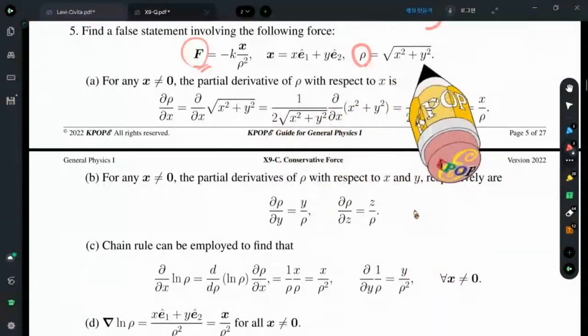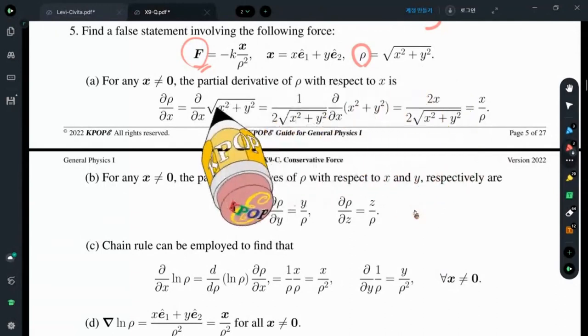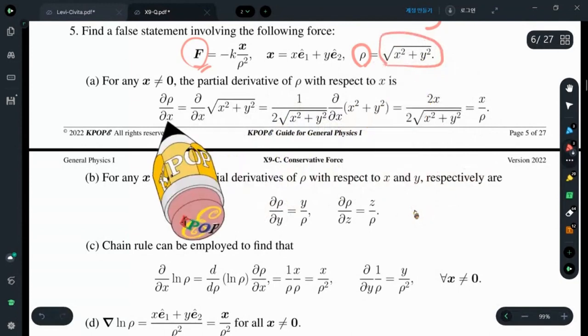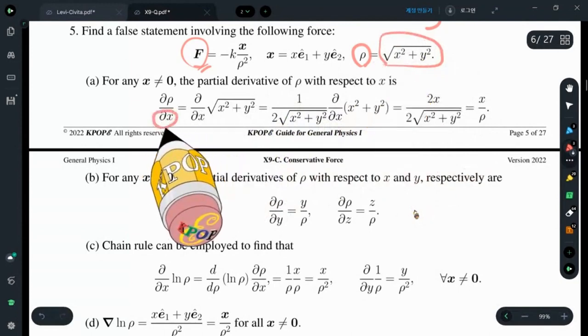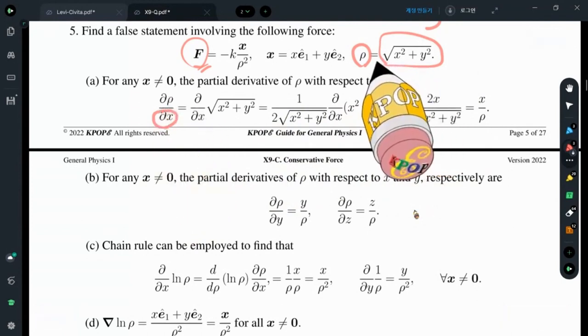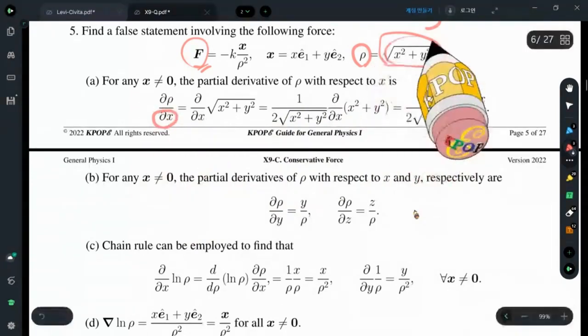This is an application of a chain rule. Remember, chain rule. Okay, rho is a square root of something. If I take the derivative with respect to x, let me just take the derivative of this first.